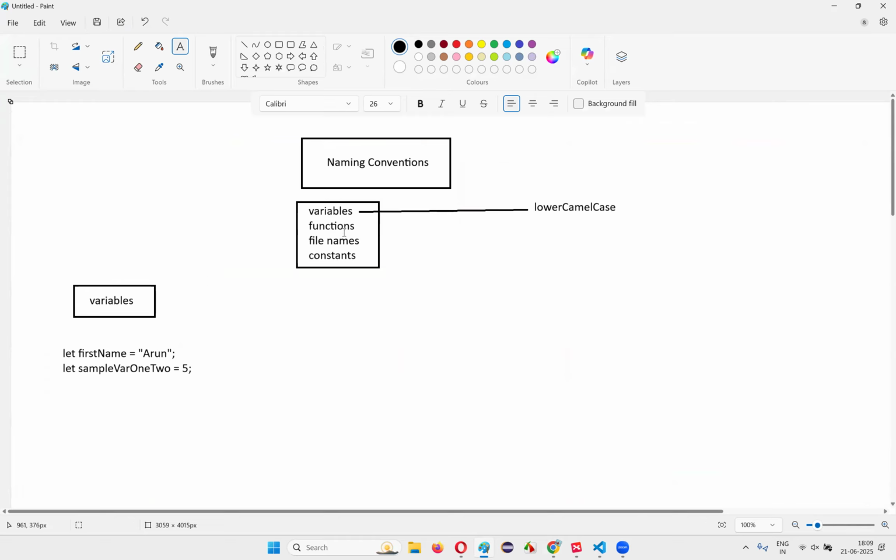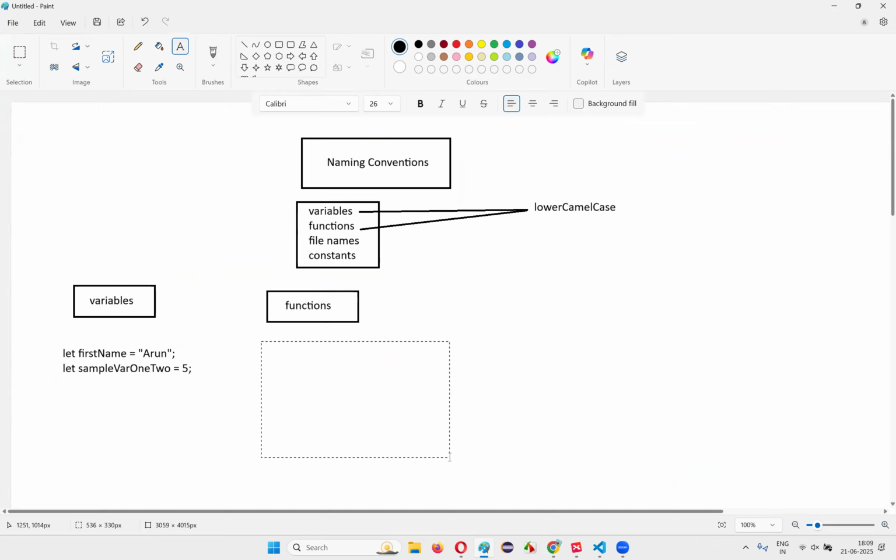And what about the functions? Functions also should be named in lower camel case only. For example, let me write functions. When you create functions in JavaScript and name them, you have to follow this lower camel case convention.